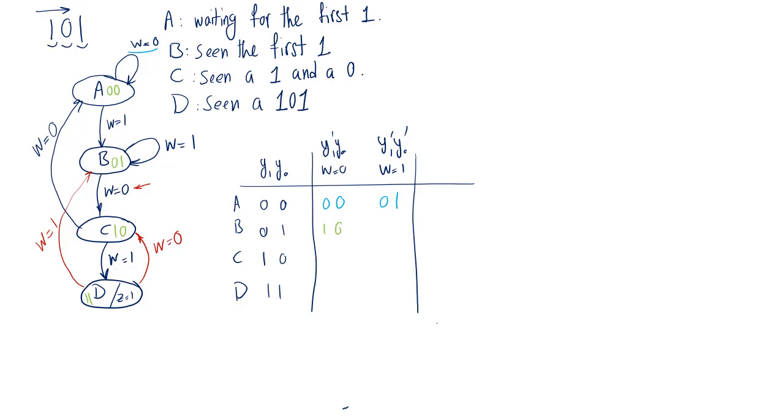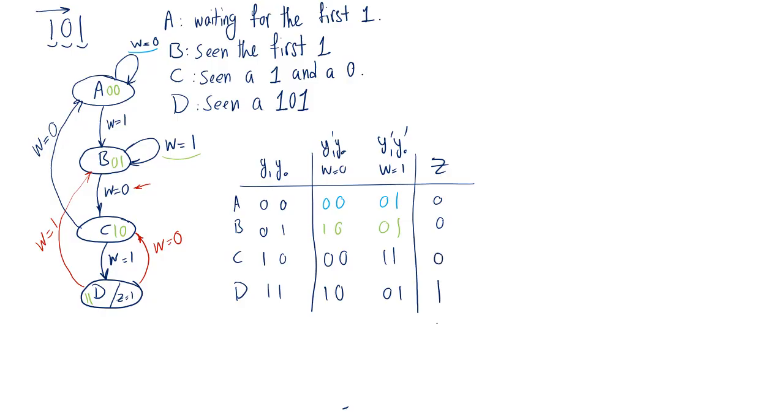And if I get a 1, I stay at state B, so it's going to be 0, 1. Okay. So similarly, I'm going to fill this out. So for state C, I'm going to have 0, 0, and 1, 1, and 1, 0, and 0, 1. As for the output, well, I'm going to get a 1 when I'm in state D. So this is going to be the output.